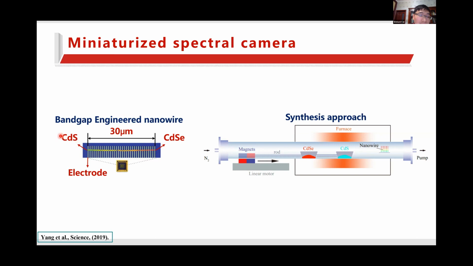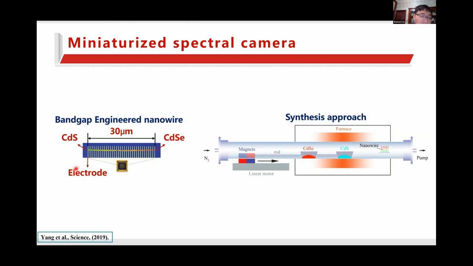On the left it has one alloy, on the other end it's another alloy, and in the middle there is a gradient change of these 2 compositions, so the band gap along this nanowire changes. That also means the spectral response of this nanowire changes along this line.